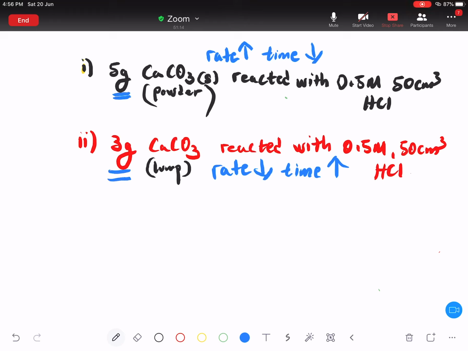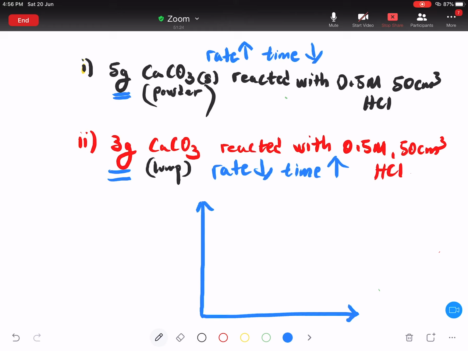You must keep in the mind, the mass are different. Kita nak lukiskan graf. Gini. Volume of CO2 in cm cubic. Okay. And the time.